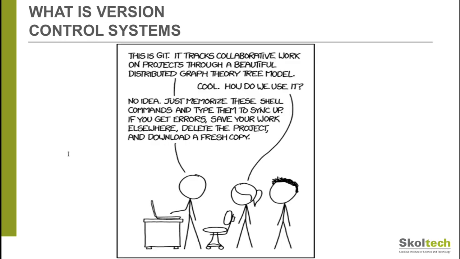Version control systems are tools used to track changes to source code or other collections of files and folders. As the name implies, these tools help maintain a history of changes. Furthermore, they facilitate collaboration.